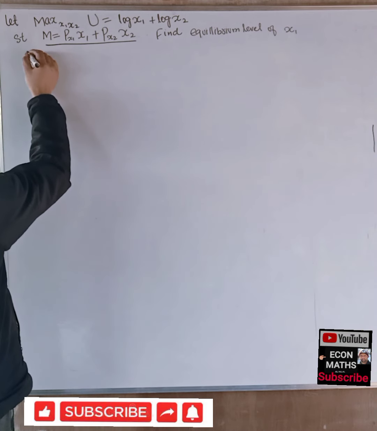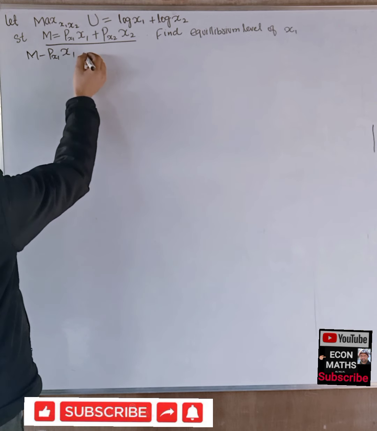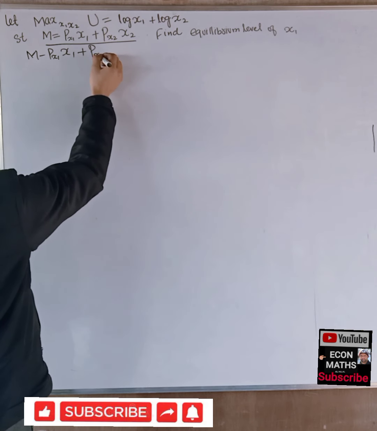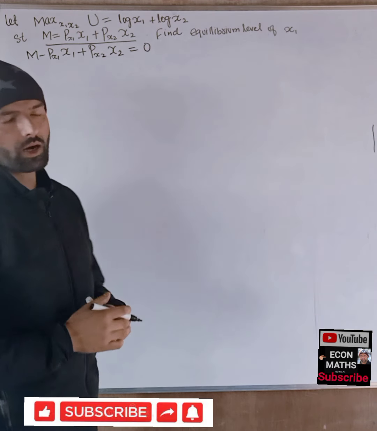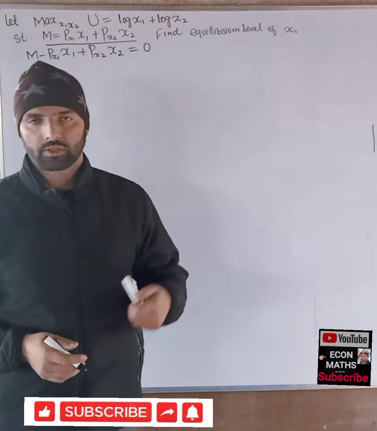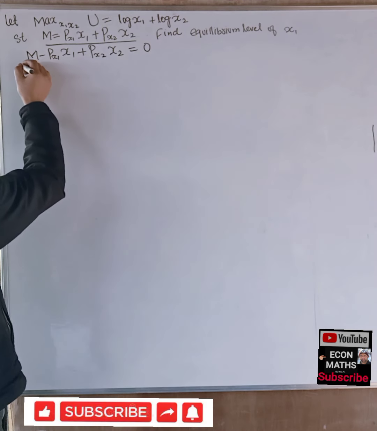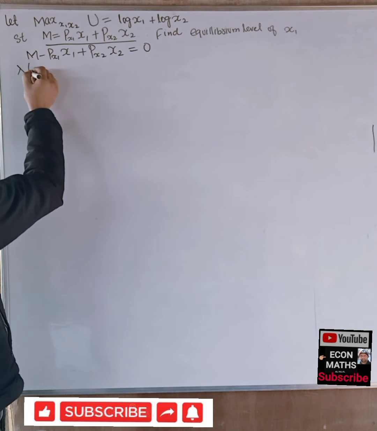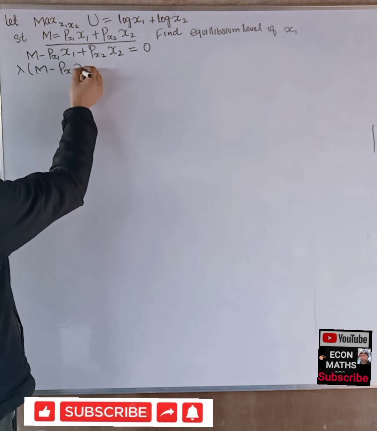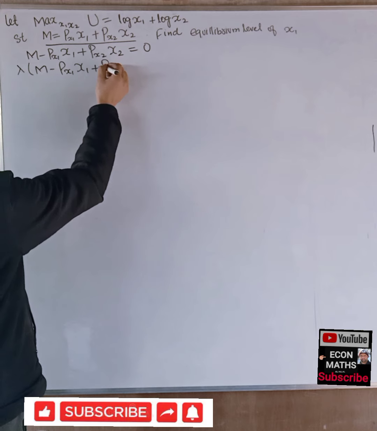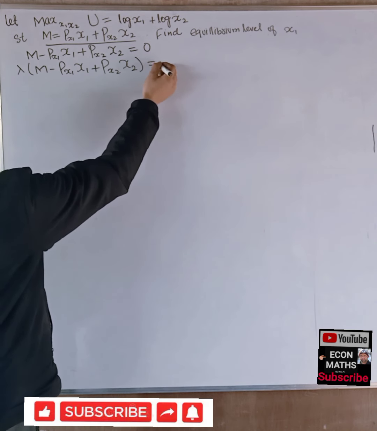So this will become m minus p x1 times x1 plus p x2 times x2 is equal to 0. After that, we multiply this constraint by lambda.